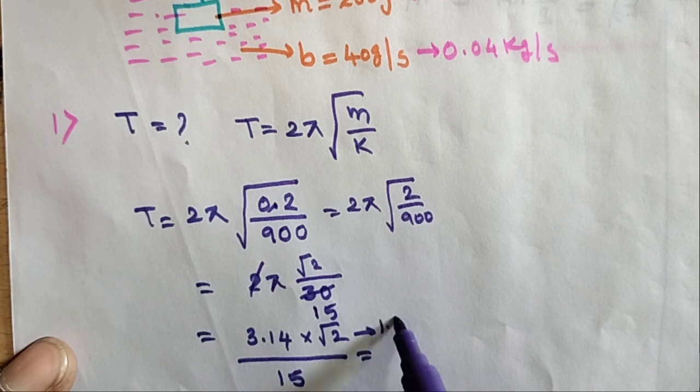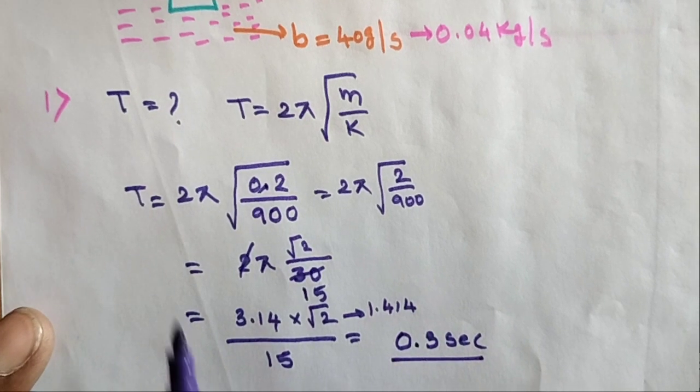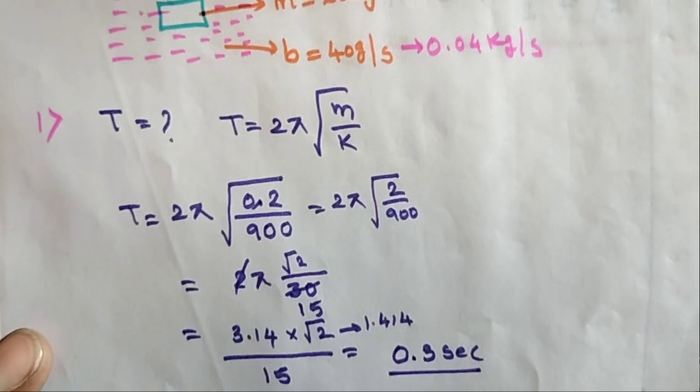Substituting all these values, we get 0.3 seconds. This is the time period for this example problem.